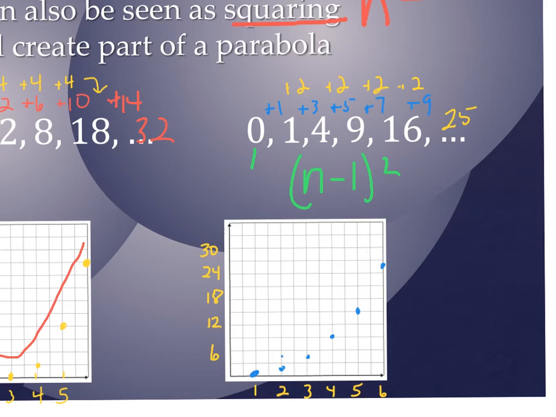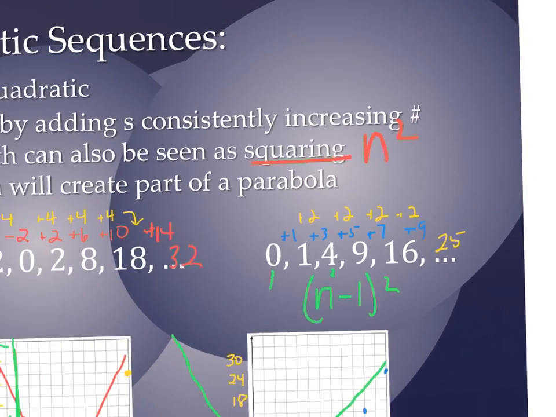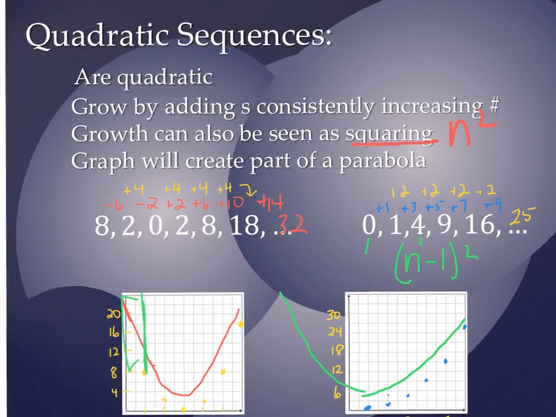Term 2 would be 2 minus 1 squared, which is 1. Term number 3 would be 3 minus 1 squared, which is 4. It creates part of a parabola. The rest of it would be back here if we were visualizing it, but it's not part of the sequence. And just like the one before it, this one you can describe as growing by the odd numbers, but how much you're adding each time is growing by 2. So quadratic ones are parabolic.